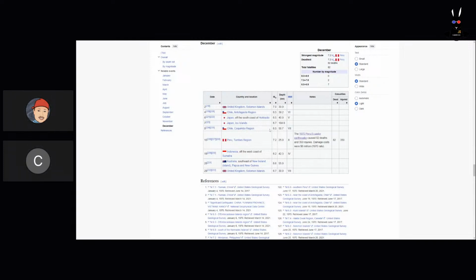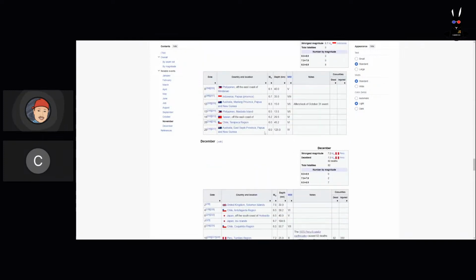It's a 6.5 Coquimbo, then Chile, Antofagasta had a 6.5. The Solomon Islands are on the other side. Japan, Hokkaido, and Izu had 6.5s. But the Peru one was 7.2. Ecuador, Peru, and then down south.